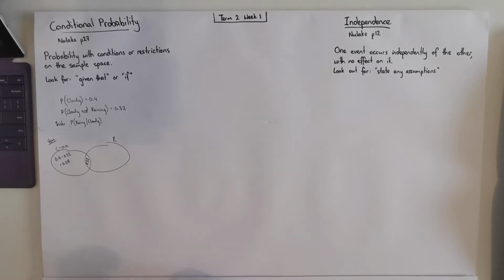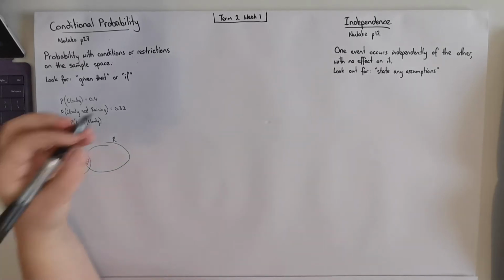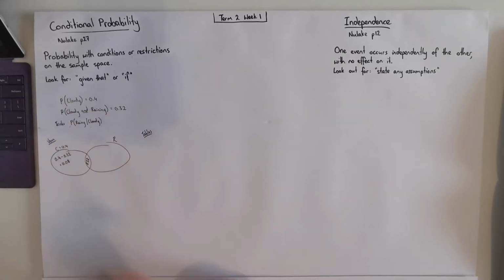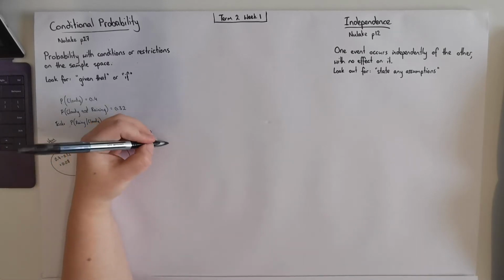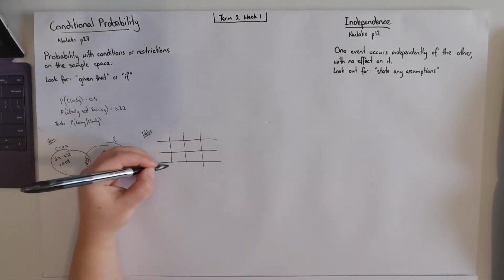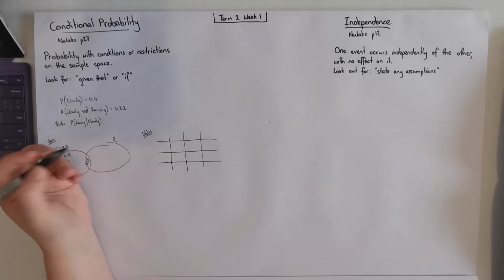Let's look at another situation or diagram. Tables are probably the easiest for conditional probability, just because they're so familiar to you, having worked on them, hopefully, since year 9. I might draw up my table a little bit like this.